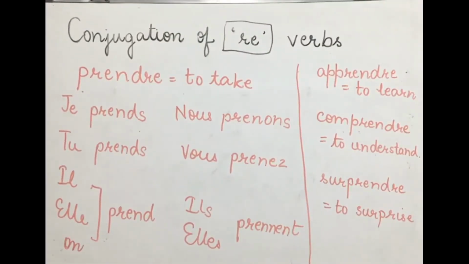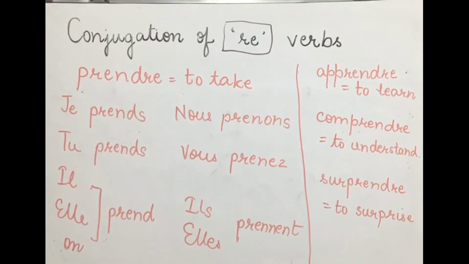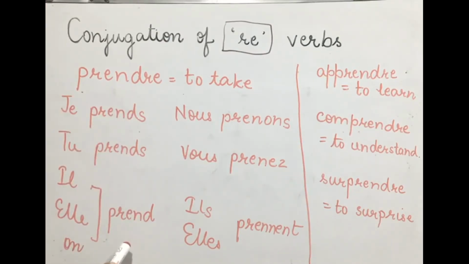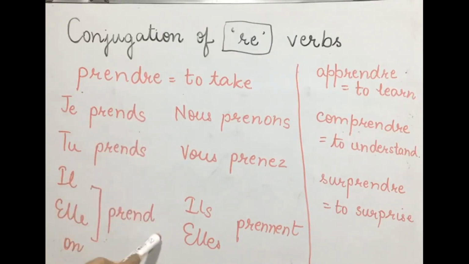Here I'm taking one example of another irregular RE verb, because this is an important verb here, and the verb is prendre. Prendre means to take. And the conjugation is, you'll see this part is similar to the conjugation of regular RE verb, but here it becomes a bit different. Here we have just removed an RE and just added S and nothing.